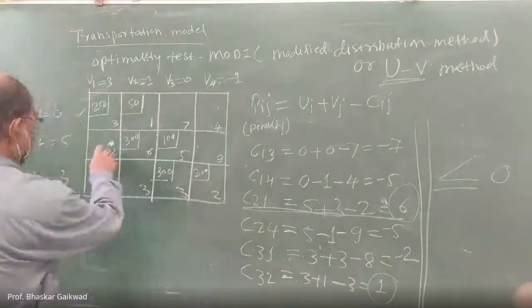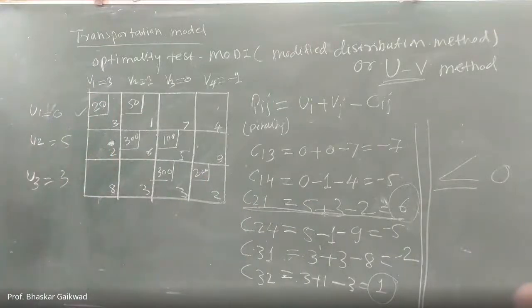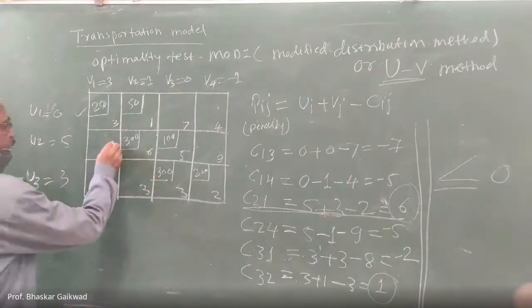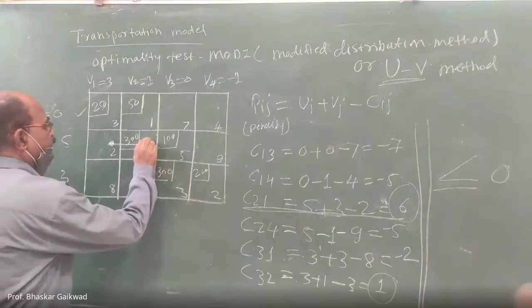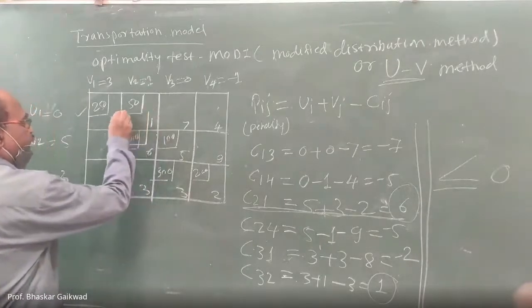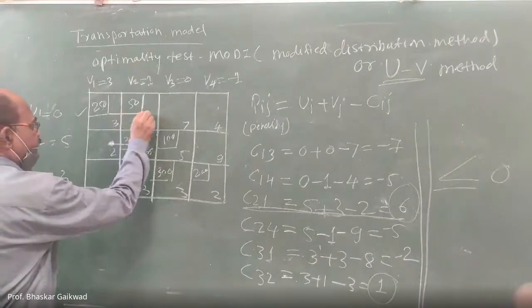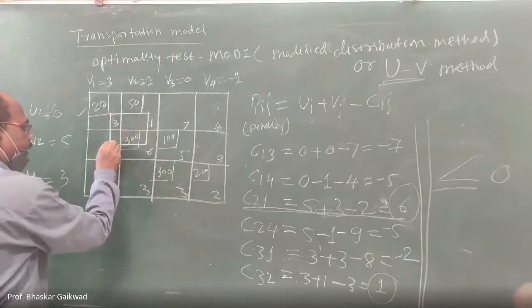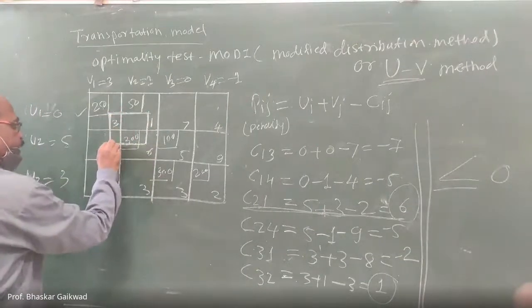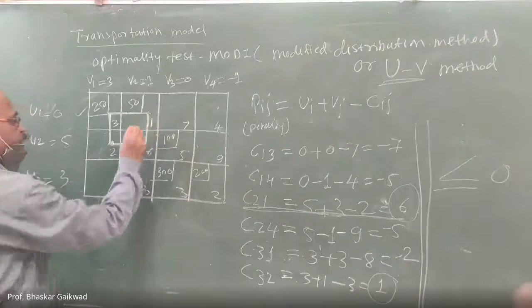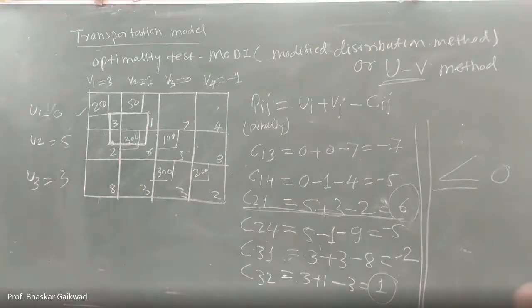So after that you have to make a square here, then you can go here, then you can come here and join. You can make like this way.